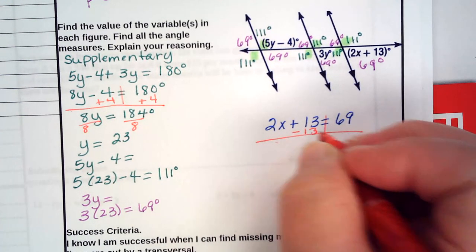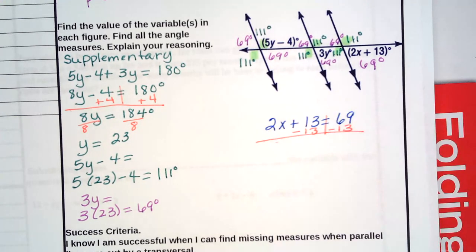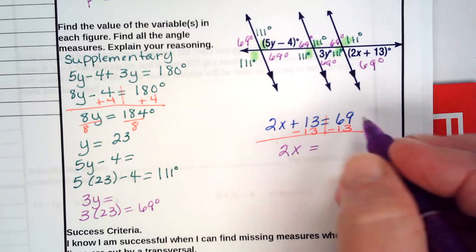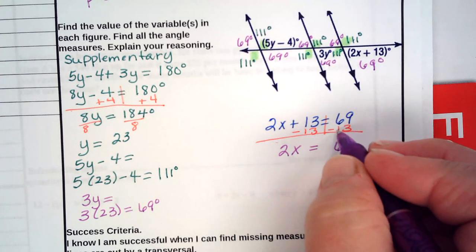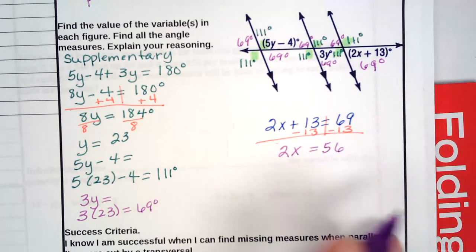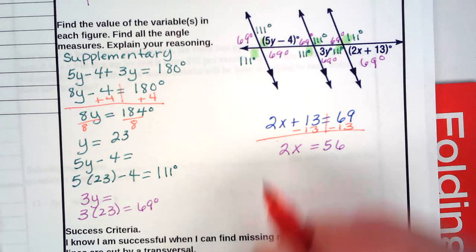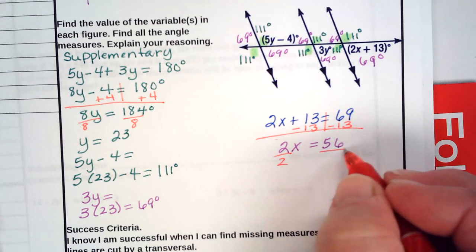Subtract 13 from both sides. 2x equals 56. Divide both sides by 2.